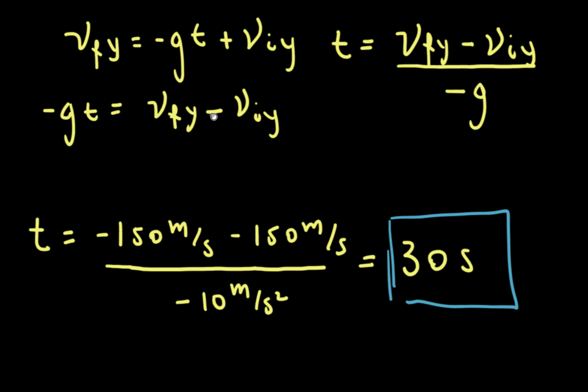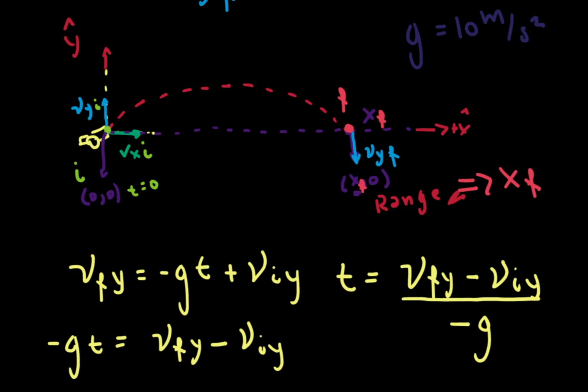Which means that once the projectile hits this point right here, it's been in flight for 30 seconds. Note how you could have easily reasoned through this yourself. And we did this in class before. Remember that this projectile started with a vertical speed right here of 150 meters per second, right?